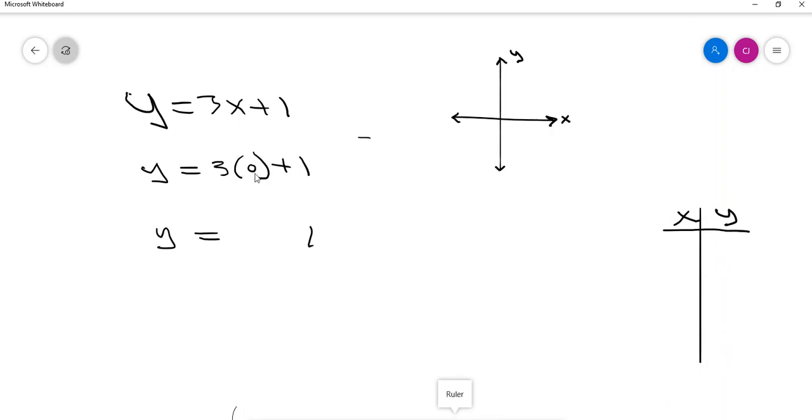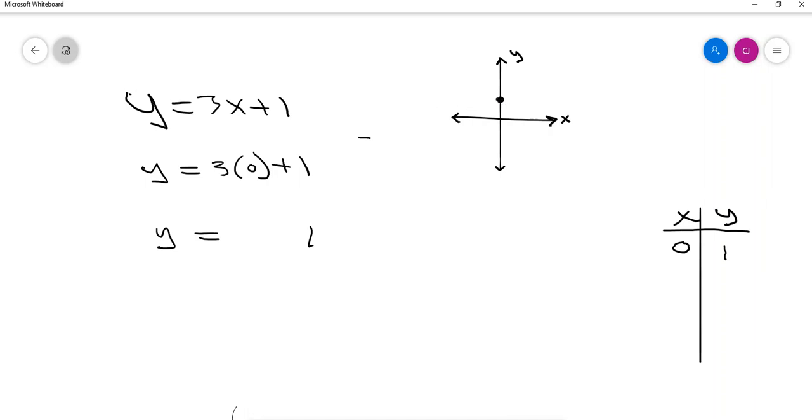When I pick the number for x, I put 0 in for x, so I'm going to write that down to remind myself: 0 for x, and I worked this out and came up with y equal to 1. So I have an ordered pair, and if you have an ordered pair, you can graph it. This is 0 in the x direction and 1 in the y direction. I'm going to write 0, 1 right here. That's my one point.